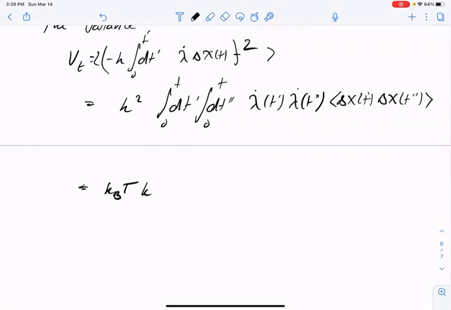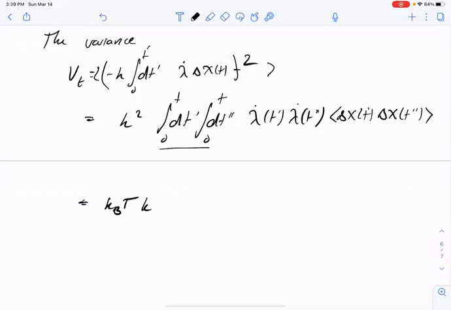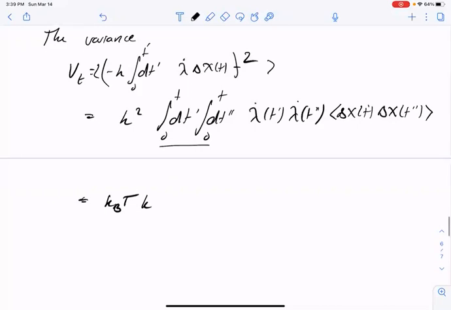And now I'm going to rewrite that nested integral by including only half of its domain and multiplying by 2. So this is an integral in t prime and t double prime from 0 to t. So it's over that square.